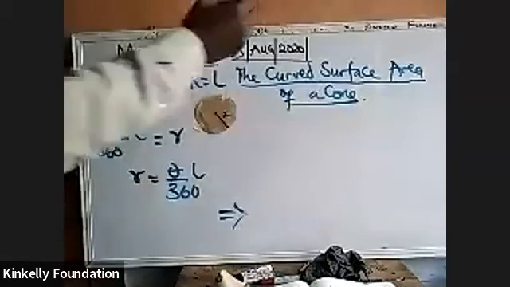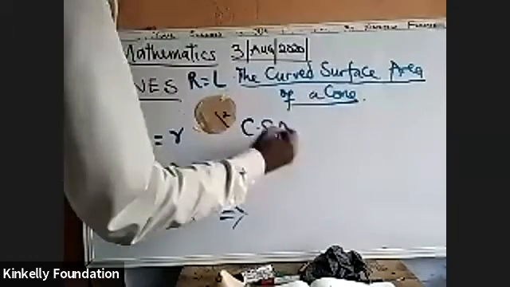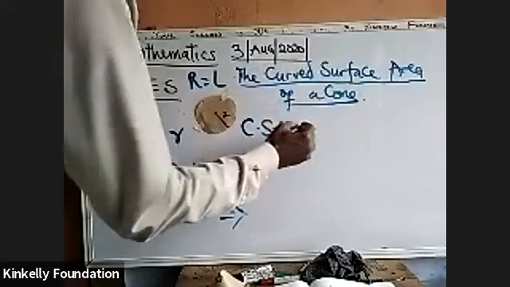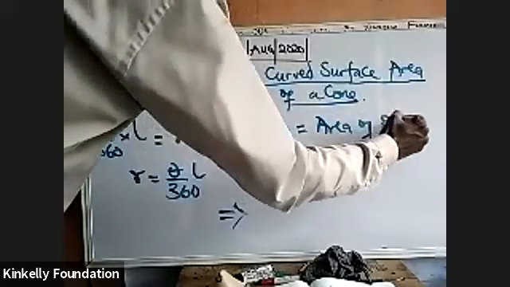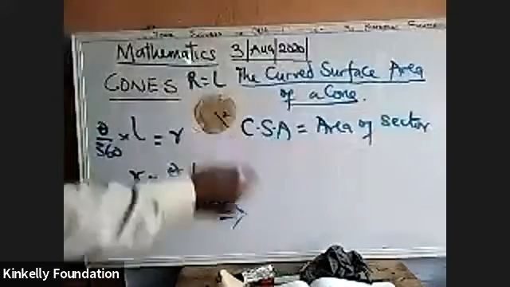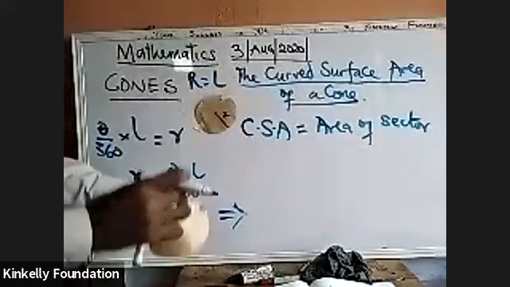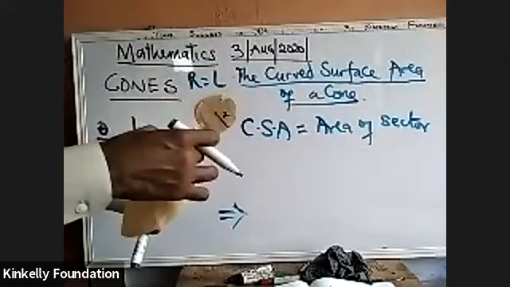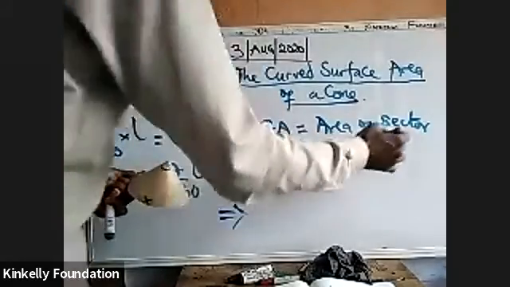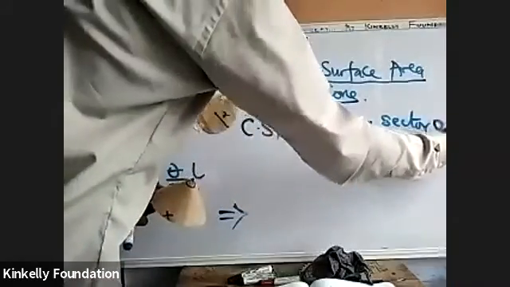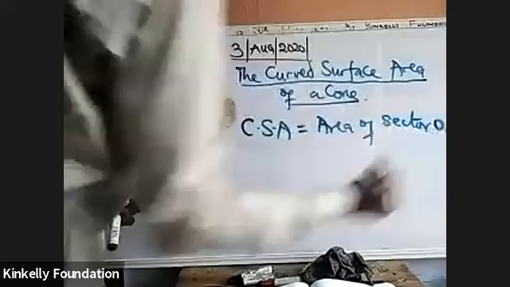Now, the CSA of a cone will be the area of the sector. Let us call it sector O, A, S, B. Let's just call it like that.